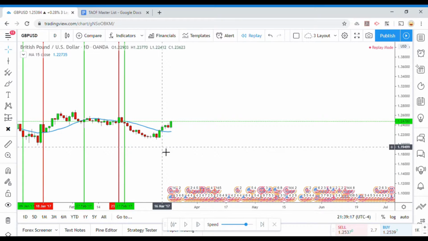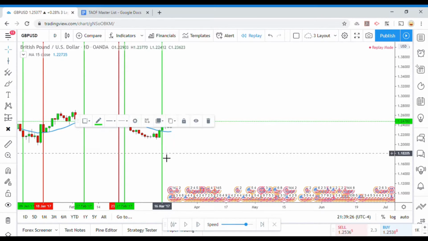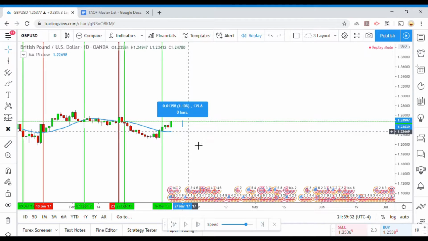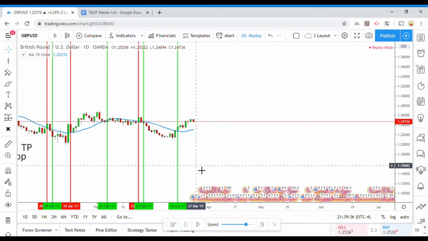Of course, follow our take profit stop loss setup, and need to have at least a 60% win-loss ratio.